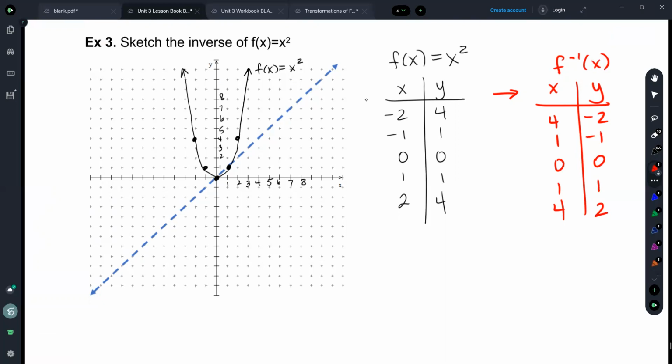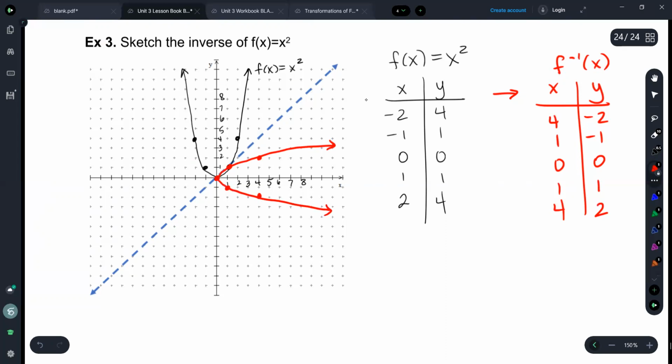So two points actually remained the same, 0, 0 and 1, 1. We have 4, 2, 1, -1, and 4, -2. And I'm going to label that one as f inverse.